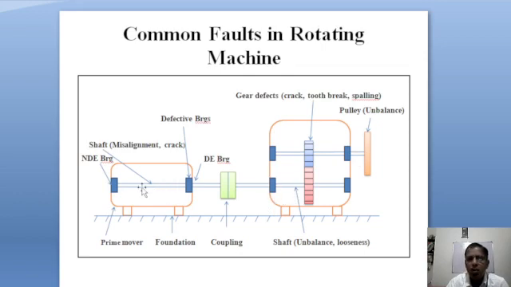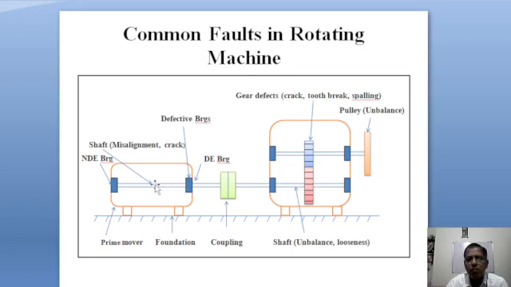Now this is the shaft. On this shaft gears are arranged. This particular picture is about the gearbox, the driving shaft and the driven shaft, and the power is transmitted through gears. So this is a gear and this is a pinion, and the driven shaft is connected to a pulley, and from this pulley the power is further transmitted to other machines, other parts.